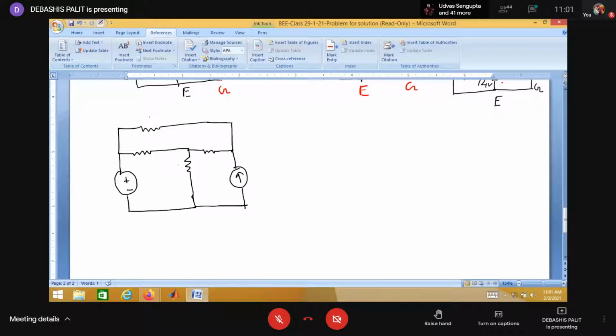So I'm considering this is a 3 ohm resistance, this is 1 ohm resistance, this is a 3 volt source, this is a 2 ohm resistance, this is 4 ohm resistance, and this is a 2 ampere current source.